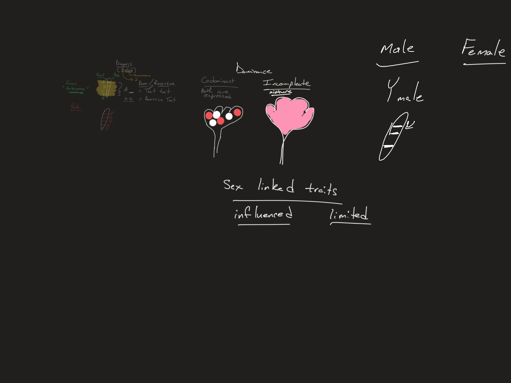That little flap of skin is called a comb. If R is only found on the Y chromosome, then only males can have combs, right? Because you'll never have a female with the R gene, because it doesn't have a Y chromosome. Does that make sense? So that's important.